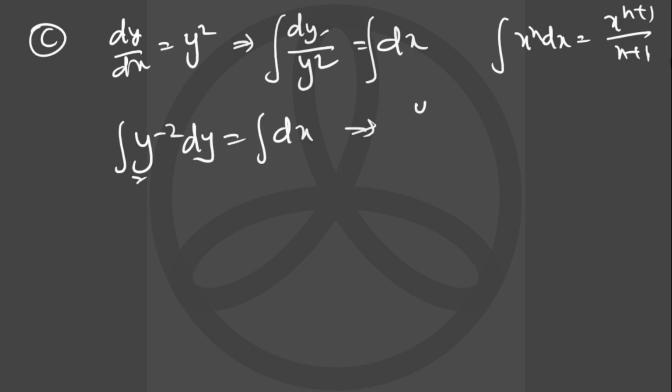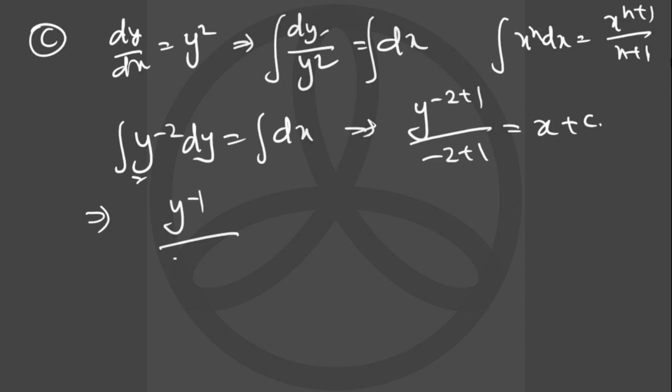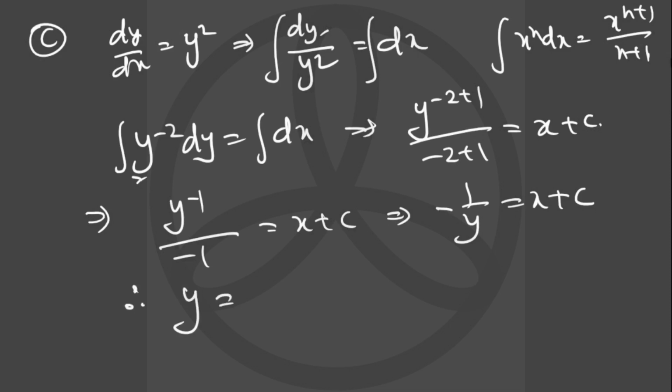Left hand side will be y to the power minus 2 plus 1 divided by minus 2 plus 1 is equal to x plus c, and this will be y to the power minus 1 divided by minus 1 is equal to x plus c, or minus 1 oblique y is equal to x plus c. Therefore, the general solution for this will be y is equal to minus of 1 divided by x plus c.